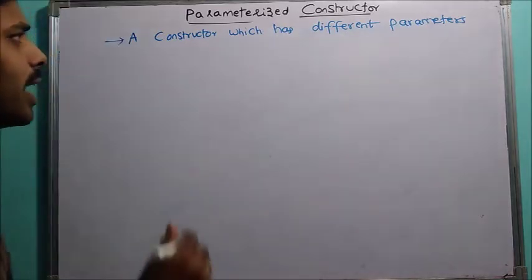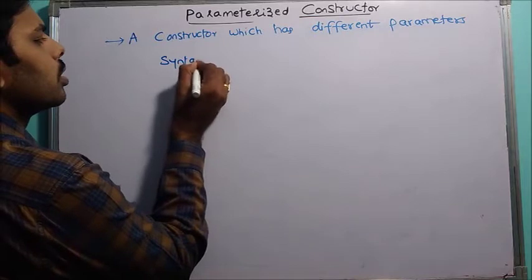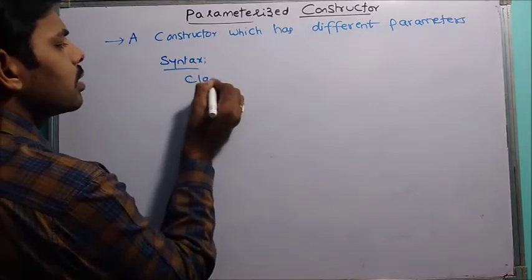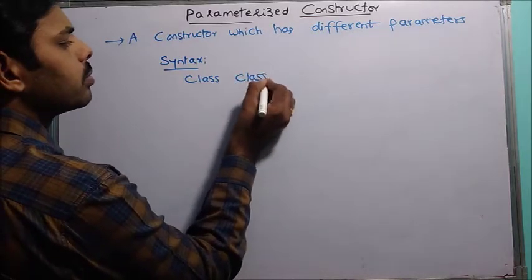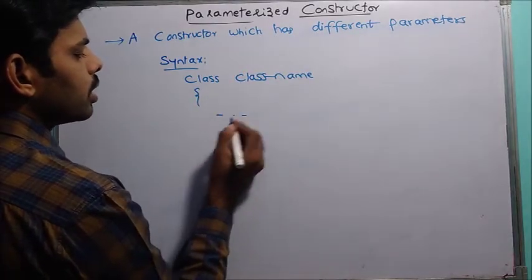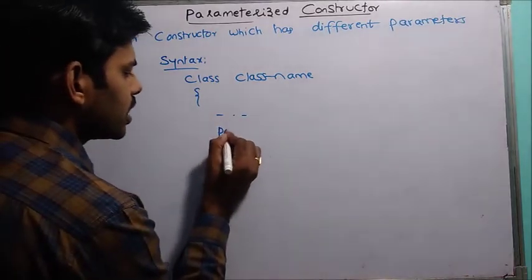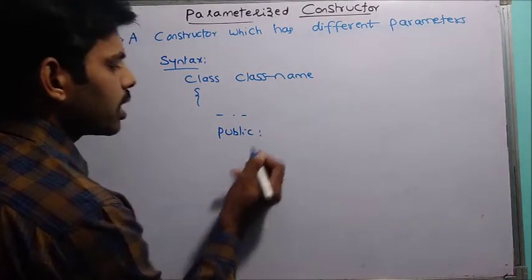Now, see the syntax. Class name. In the class, some private data is there. Constructors are declared in the public part of the class.